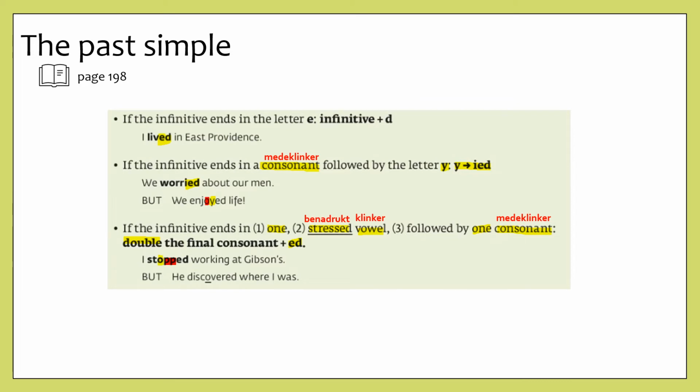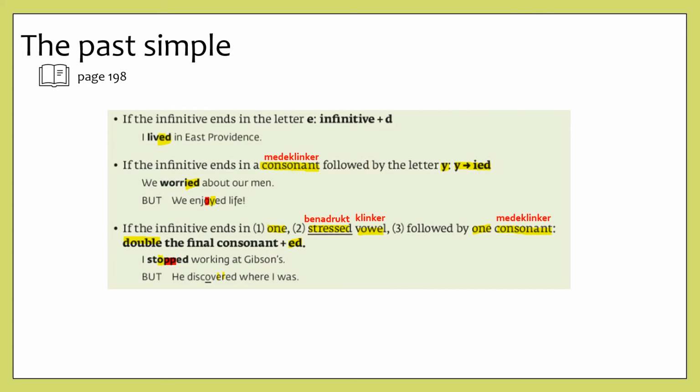Dat is bijvoorbeeld niet het geval bij discover. Discover heeft meerdere lettergrepen en er staat wel, als we dan gaan kijken naar de infinitief, op het einde van mijn infinitief inderdaad 1 medeklinker, ja, maar daarvoor staat er ook een klinker, maar die is niet benadrukt.